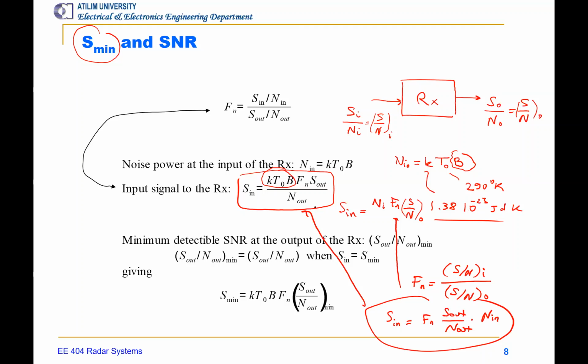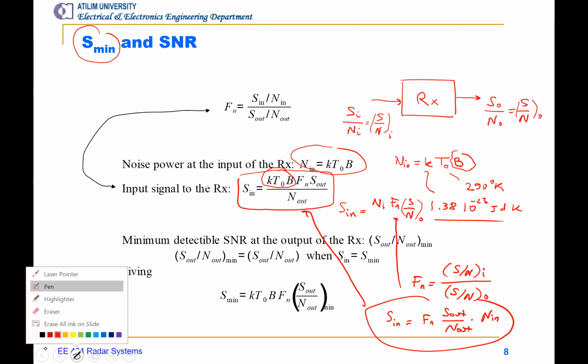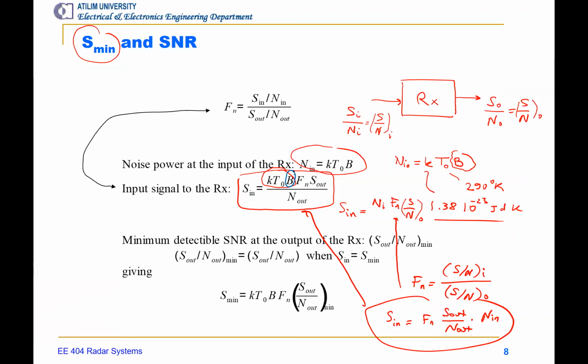Now, the input noise power was given with this formula. So the input signal to the receiver can be written in terms of what? Let's take a look at the parameters in here. We have bandwidth, we have noise figure of the receiver, and output signal to noise ratio.